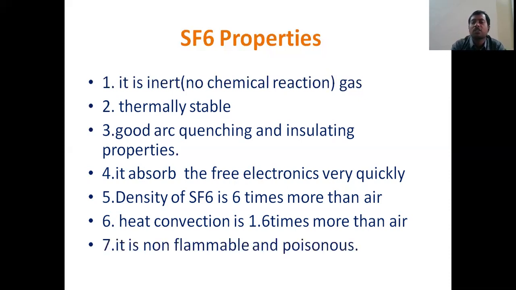Next one is it is not flammable and not poisonous. It is not a poisonous gas. Normally in substations, due to lightning or abnormal conditions, the SF6 circuit breaker may blast, so the gas will be released to the surrounding areas. The people living nearby, and also the people working in the substation, should not be affected by the SF6 gas.